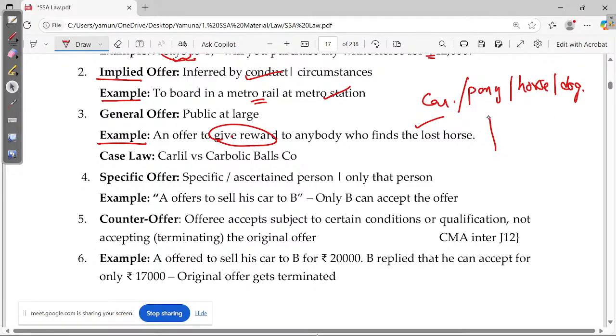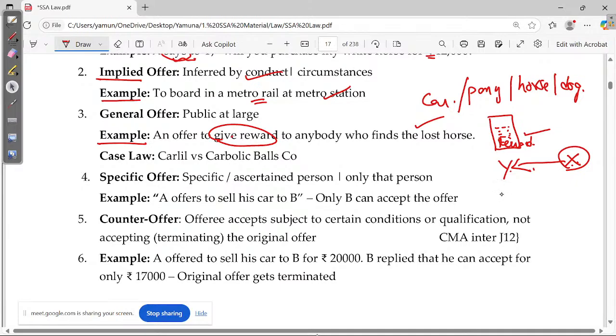And I'm giving a pamphlet all over my area, sticking it on the walls and all, saying that if anybody gets my lost puppy or lost dog, I'll give them a reward. If this is X and you find my dog and return it to me, obviously then you will get the reward.